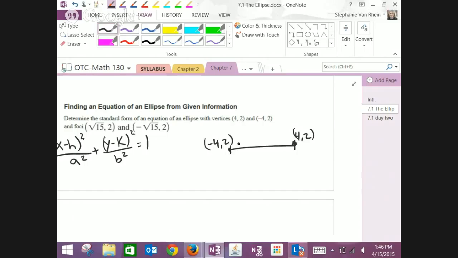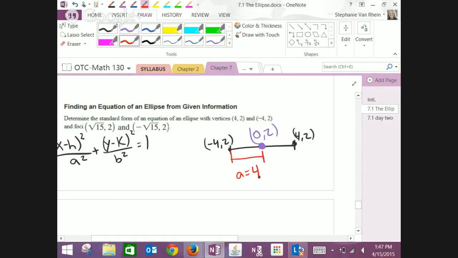Halfway between the endpoints is also going to be the center, but this turns out it's going to give me the answer of a. So what point is halfway between minus 4, 2 and 4, 2? 0, 2, right? So my center is at 0, 2. My a value, what is my a value? 4.